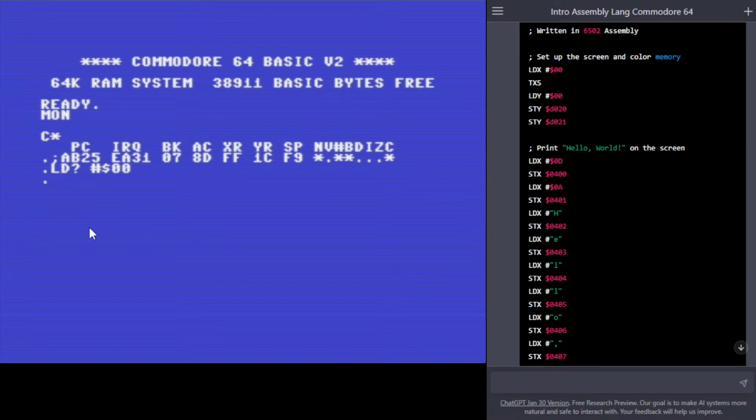So instead we LDA this, right? Oops. That still isn't happy. Well, let's assume the accumulator has that value in it now. So now that the accumulator theoretically has it, we do a TAX.